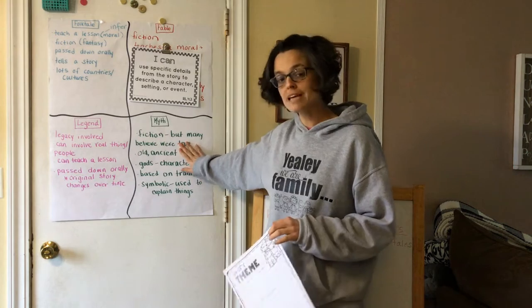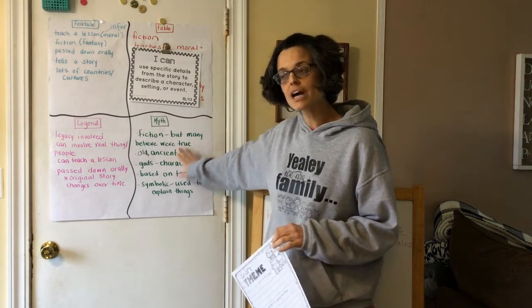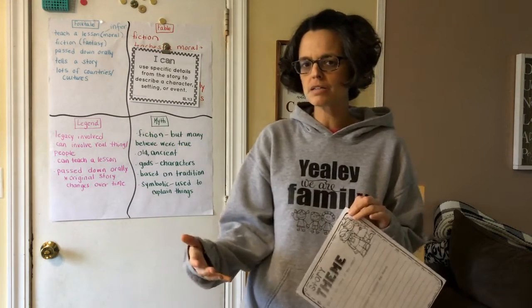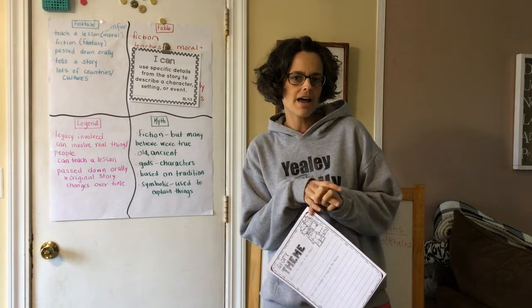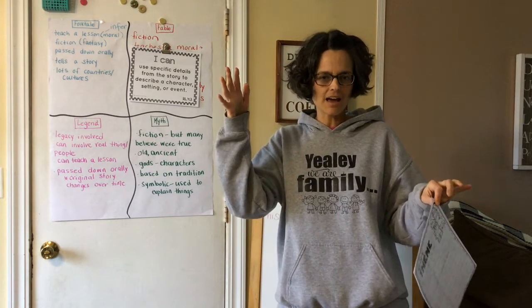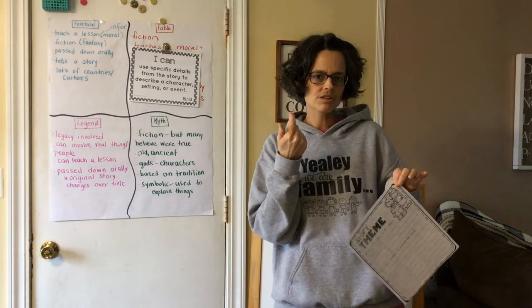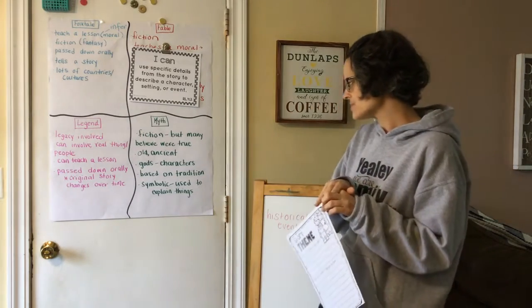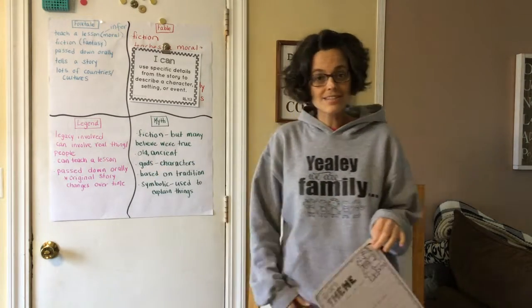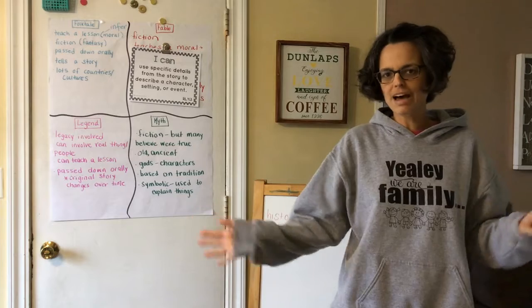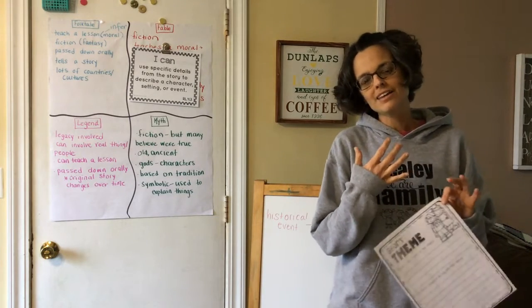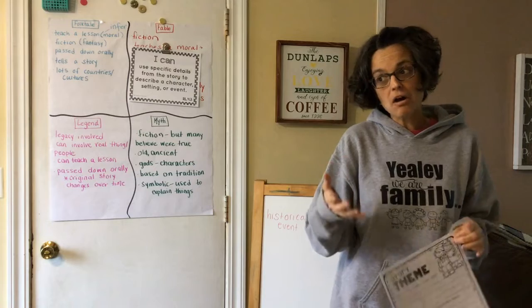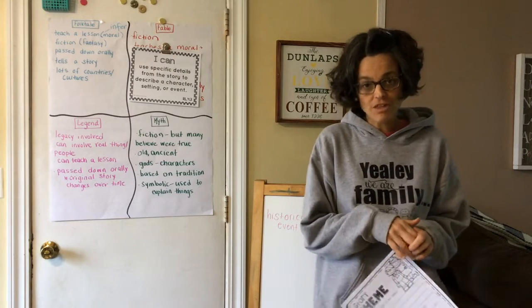They were written a long time ago, and a lot of times they were written to explain why something happened. For example, a myth might try to explain why the sun is in the sky or why it goes around the earth. They oftentimes involve gods or goddesses. Right now there's a whole lot of interest in mythology, like Percy Jackson. They are talking about gods and goddesses, and that is mythology.